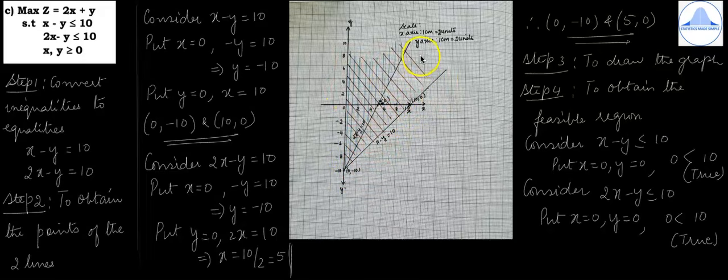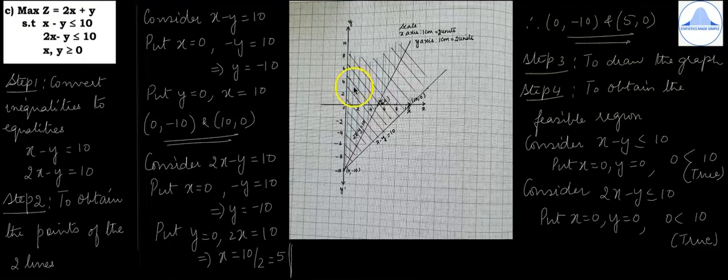I have used red color. Then take the other line, that is 2x minus y equal to 10, and I have used blue color and shaded towards the origin. Now for a maximization problem, actually we have to get a closed figure.